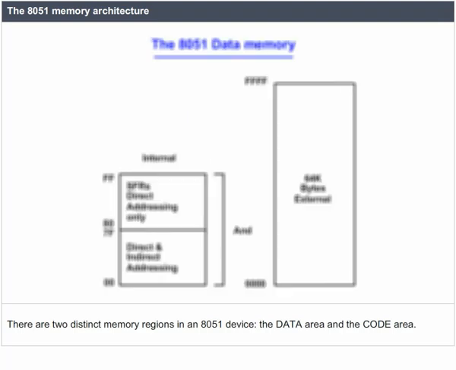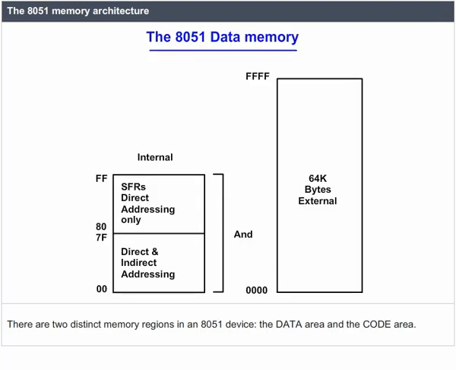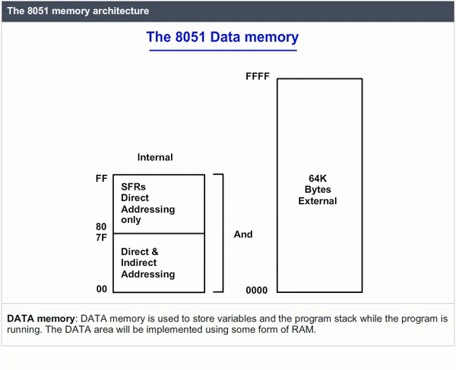The 8051 memory architecture. There are two distinct memory regions in an 8051 device: the data area and the code area. Data memory. Data memory is used to store variables and the program stack while the program is running.